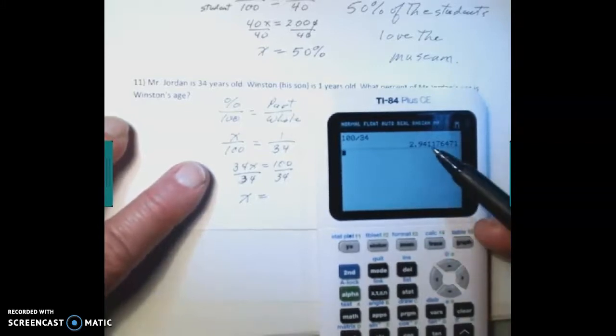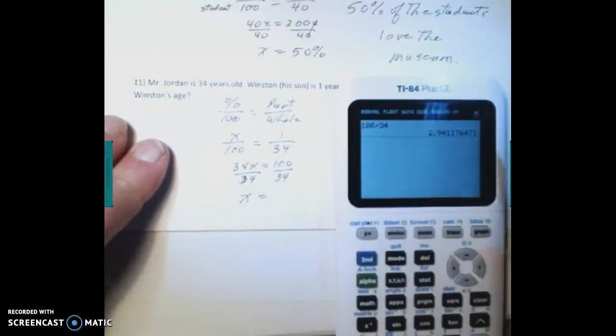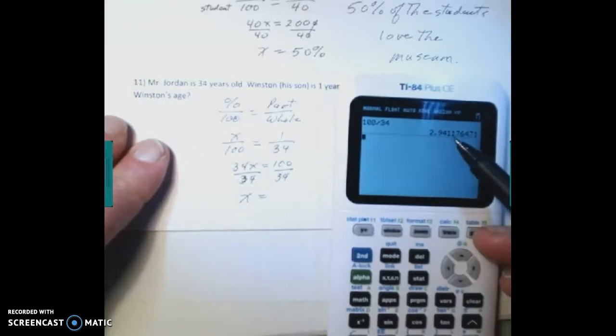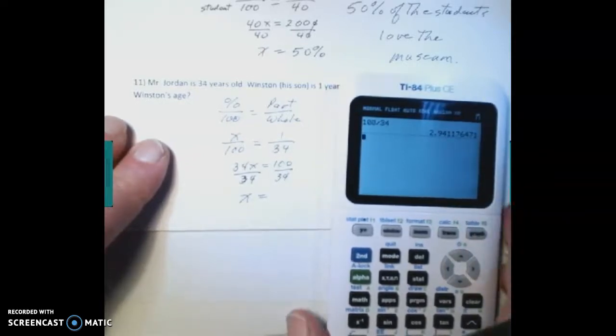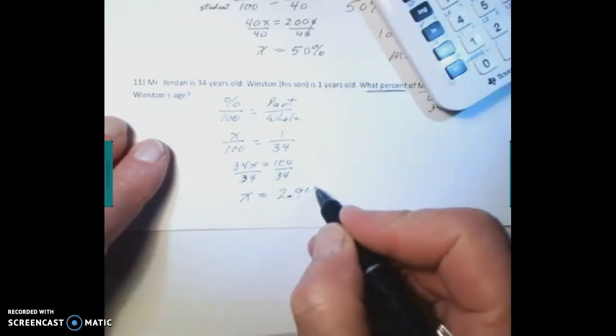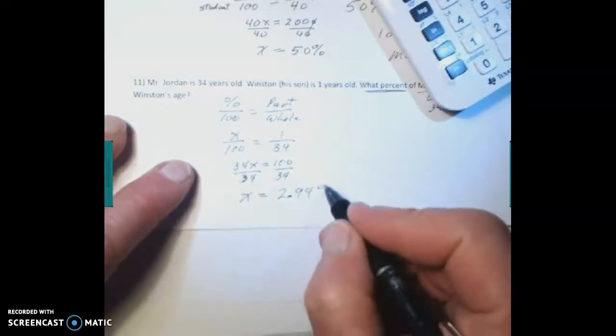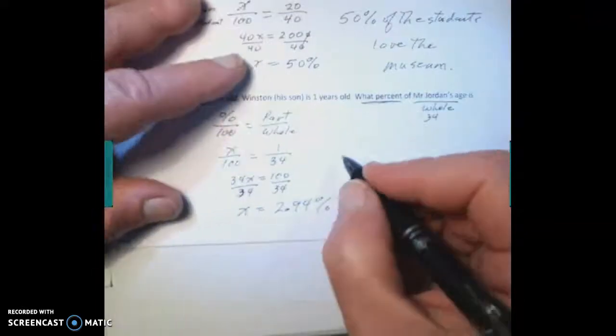Let's round to 2 decimal places. So it is going to be 2.94. The next digit's a 1, so that would keep the 4 the way it is. So your answer is 2.94. Again, remember, we're looking for the percent. That is our percent.